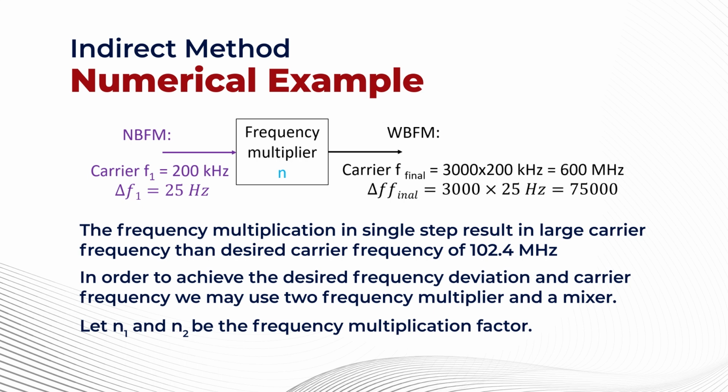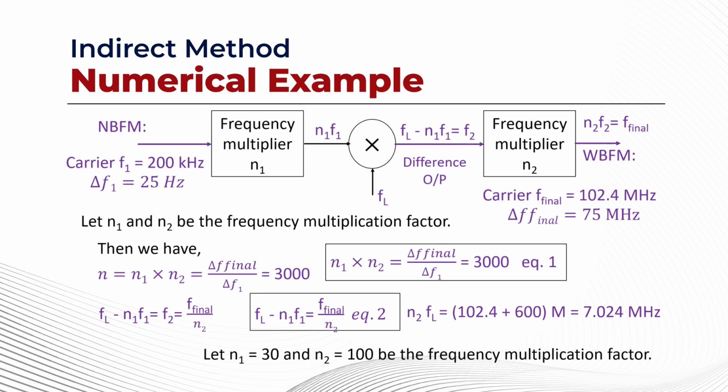If we calculate these factors, we need the two factors N1 and N2. On proper substitutions and assumptions, we can have N1 equal to 30 and N2 equal to 100. We need to calculate the crystal oscillator frequency also, which can be calculated using equation number 2.